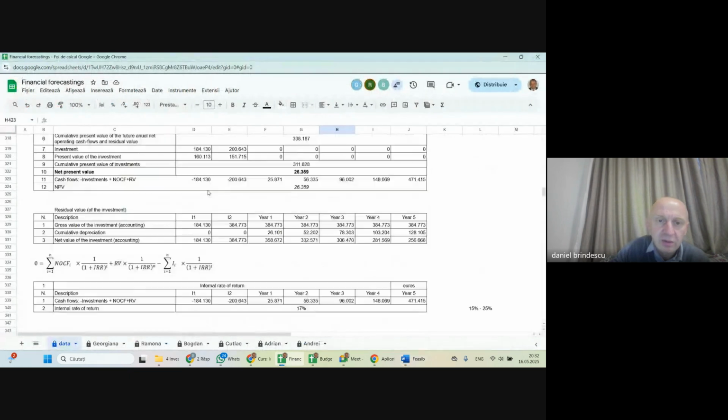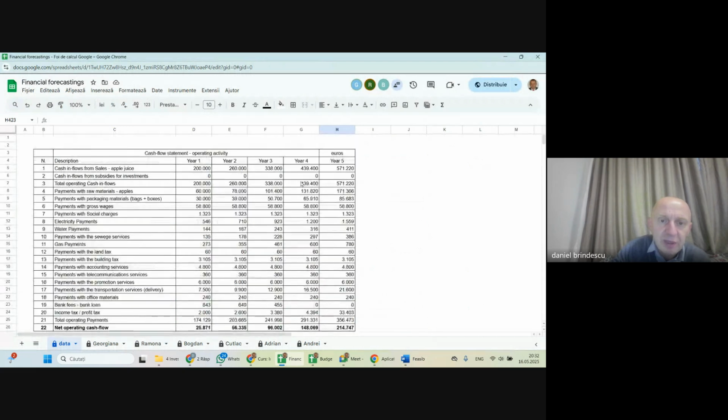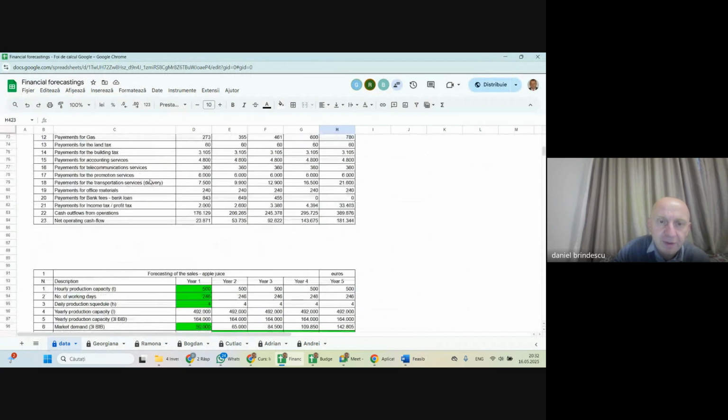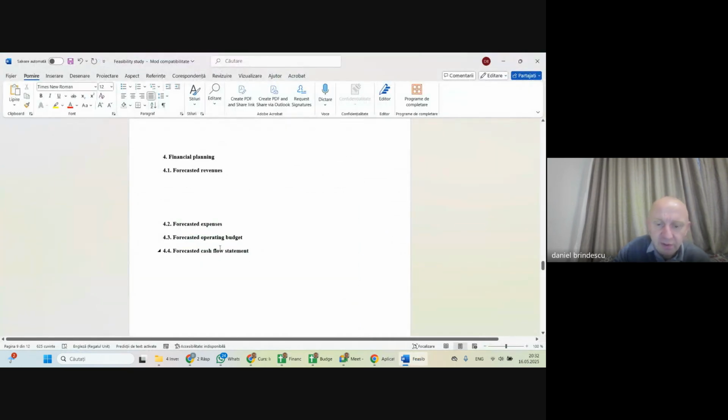I'm going in my Google Sheet and I'm copying the tables with the forecasts for the revenues. Of course, I only have the apple juice, but you probably have more types of products, I mean.